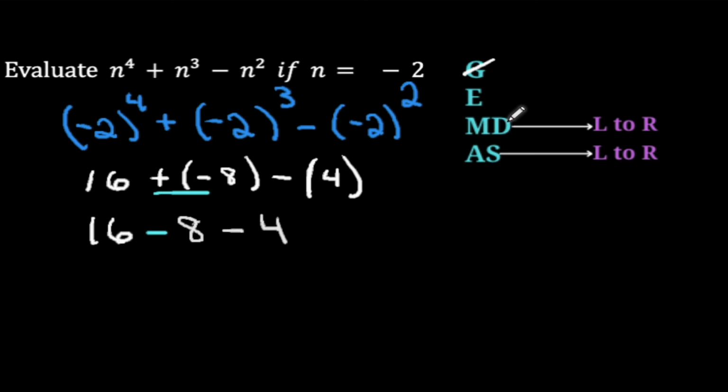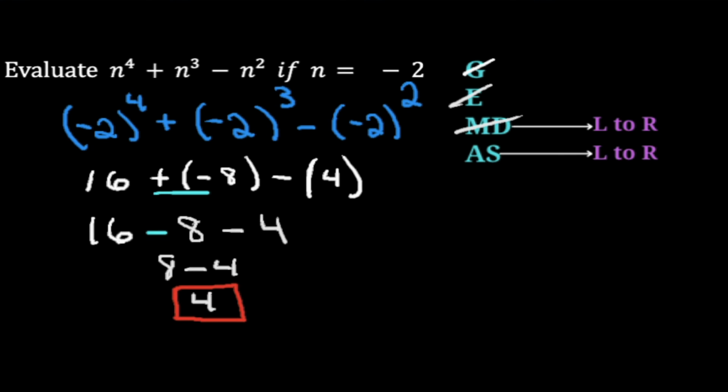All right, so we are performing addition and subtraction since we do not have multiplication or division, right? So of course we go in order. So we have 16 minus 8, which is 8, minus 4, and your answer is positive 4.